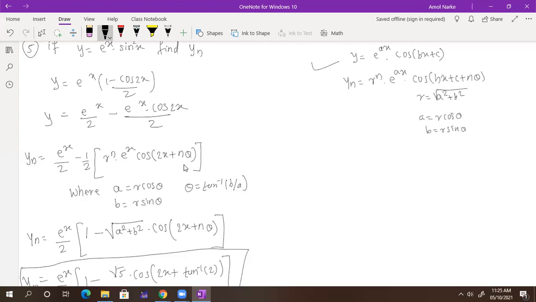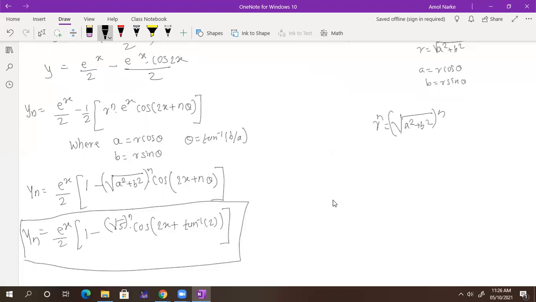Its nth derivative is r raised to n, e raised to ax cos of (bx plus c). What is the value of r? The value of r is the square root of a square plus b square. So raised to power n, its power also becomes n. So we need to write raised to n here. And the n will come in the picture.